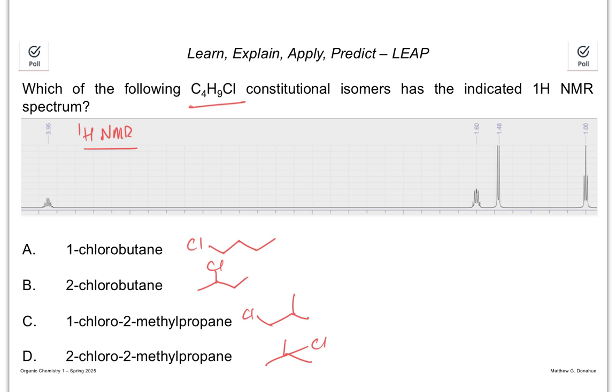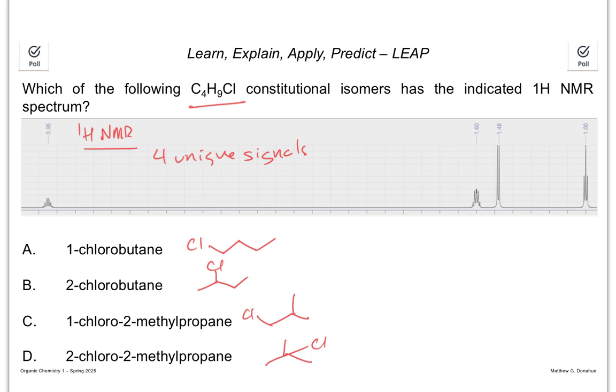So how many total signals do you see in the proton? So we'll write that down. 4 unique signals. And then let's just go through the responses, determine the uniqueness sets.